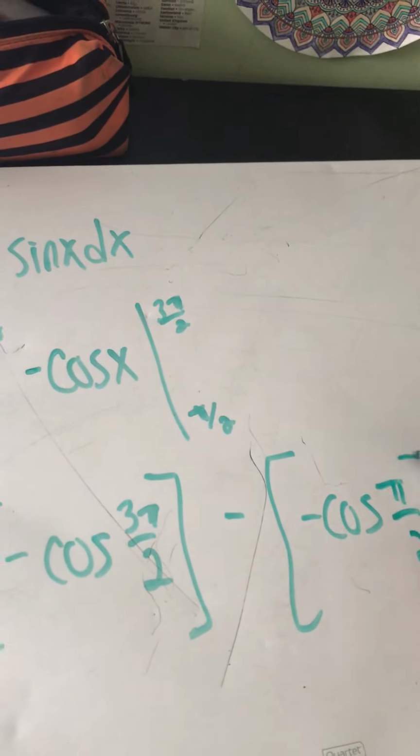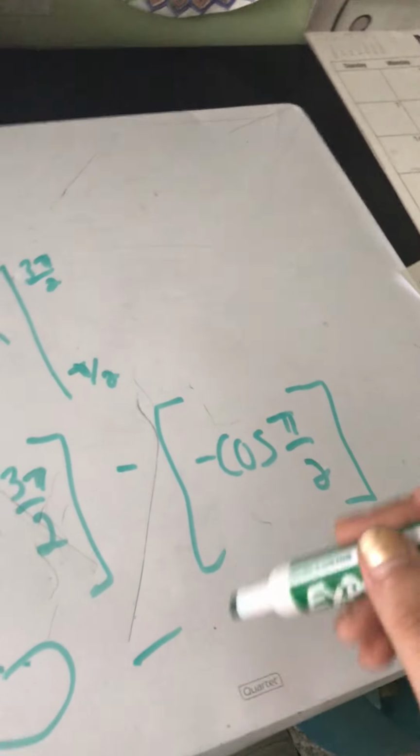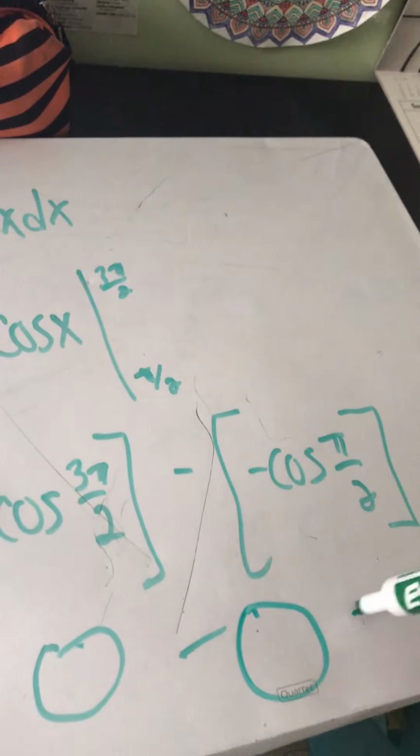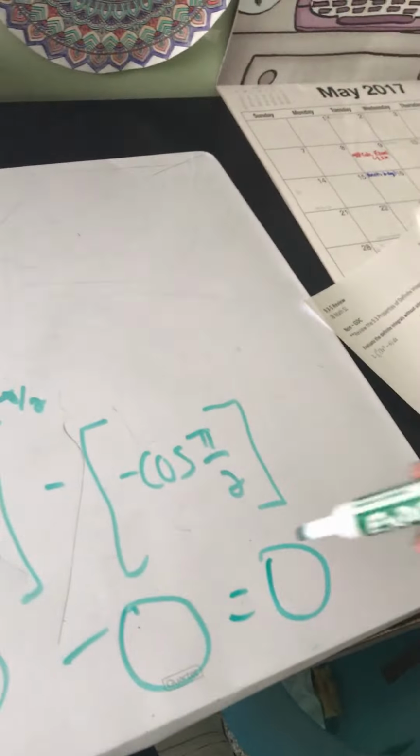And here, cosine of pi over 2 is negative 1, but then that's negative. Wait, hold on. Just kidding. It's not pi, it's 0. Sorry. It's 0. So you just get 0. So your final answer is just 0. Okay. Again, this one wasn't that bad either. You just have to know the steps and stuff.